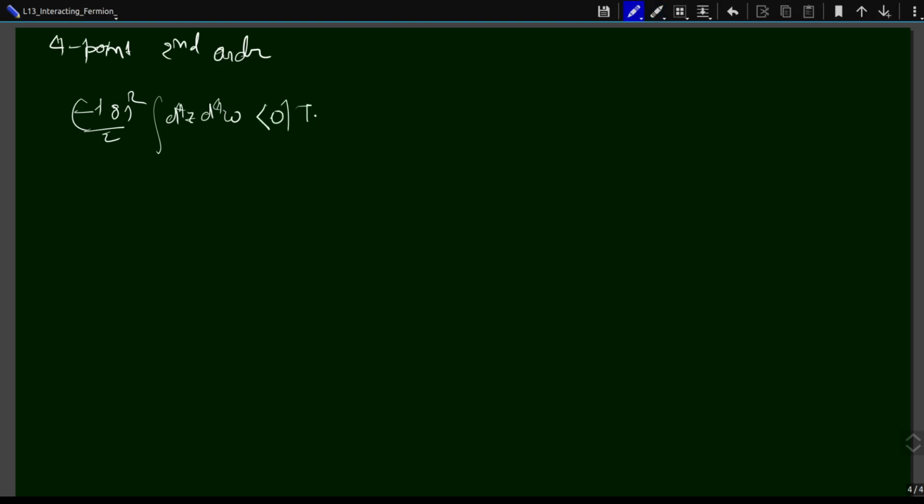Zero, time ordered product of psi1 psi2 bar psi3 psi4 bar times everything outside I have written. So the only thing that is left to write here is psi bar z psi z psi bar w psi w and phi z phi w.